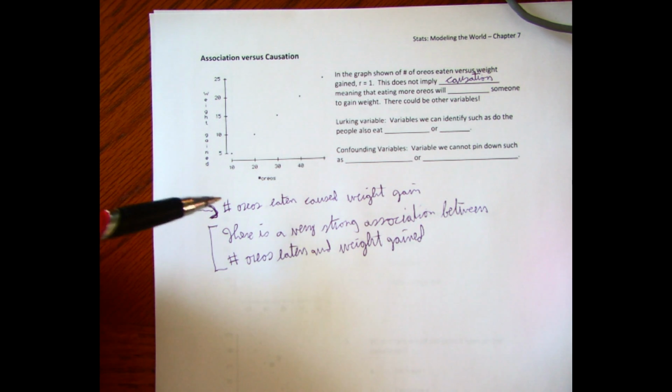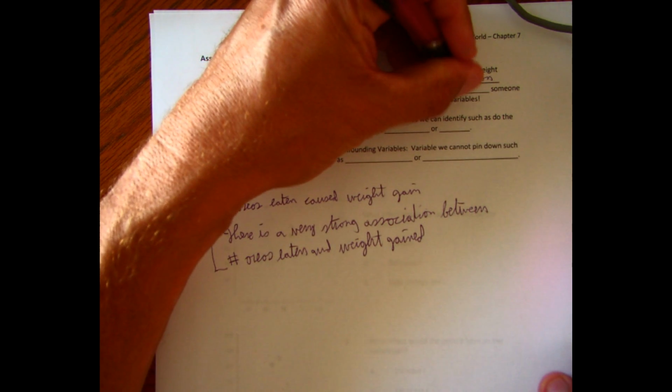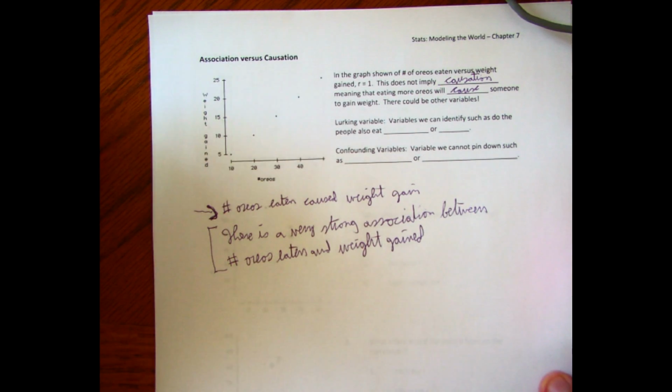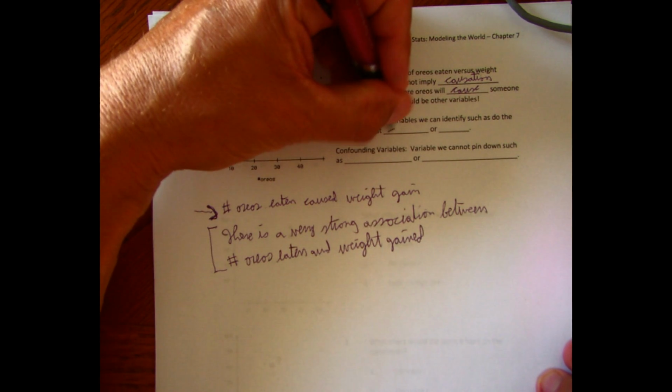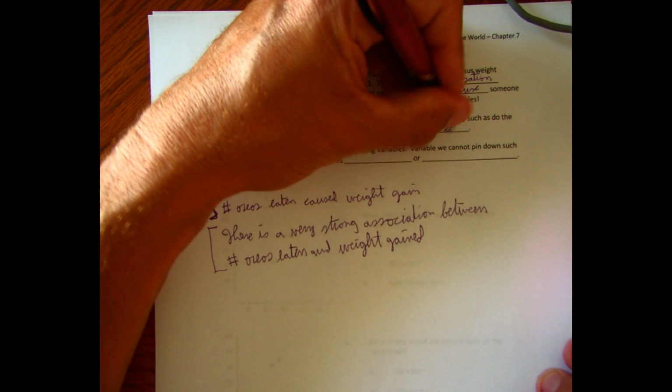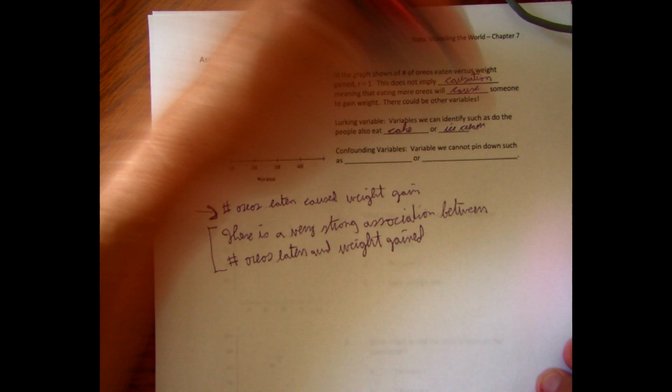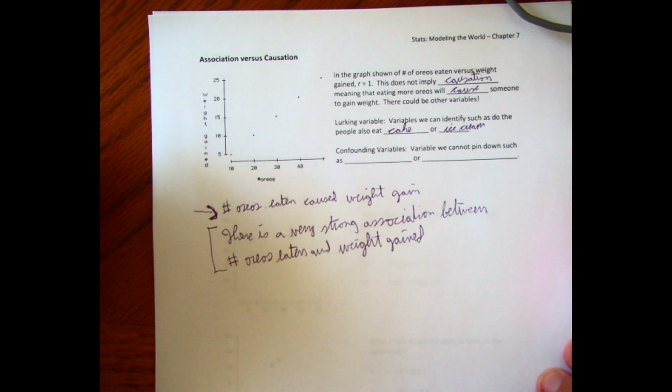So this does not imply causation, meaning that eating more Oreos will cause someone to gain weight. There could be other variables, lurking variables we can identify, such as people also eat cake or ice cream? Well, maybe people who eat a lot of Oreos eat a lot of junk food. All right, their diet may not be good, so it could cause them to gain weight.